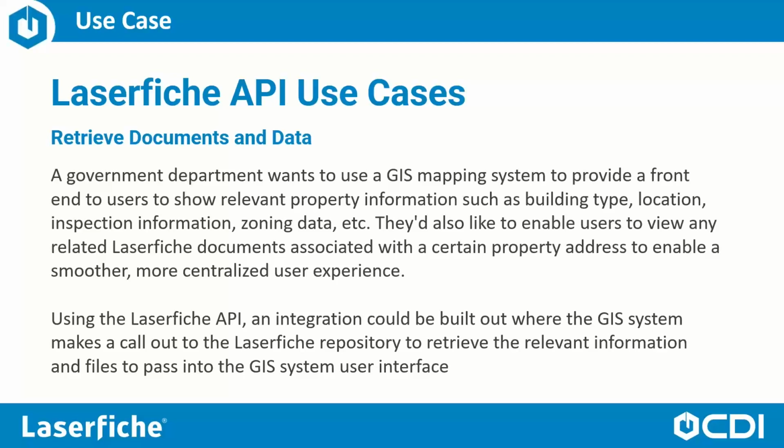You could use the Laserfiche API to build out a call to the Laserfiche repository, which again does a search in the system, pulls back the relevant information, and then passes it to the GIS system to use and display for those users. So retrieving documents and data, and also bringing it into the system.